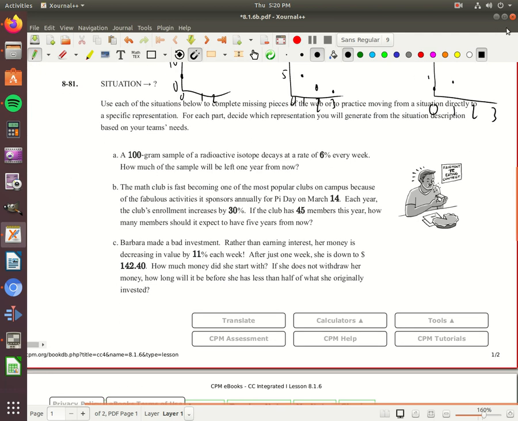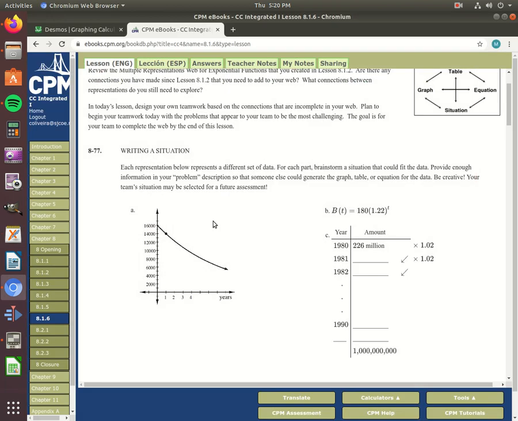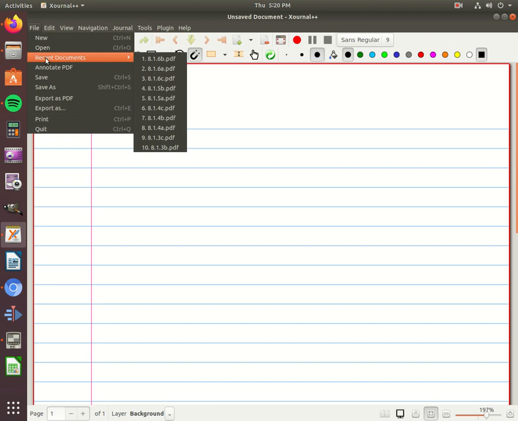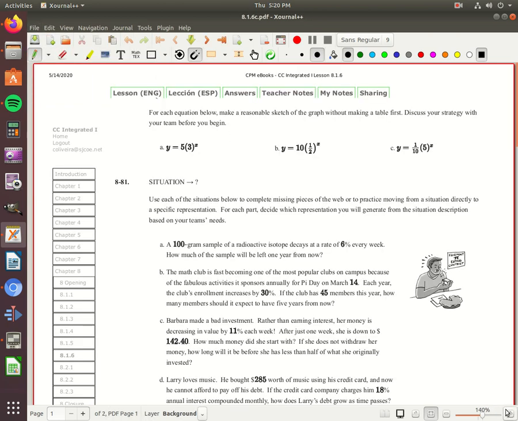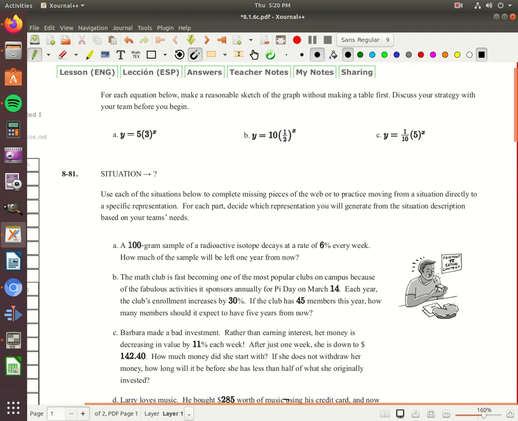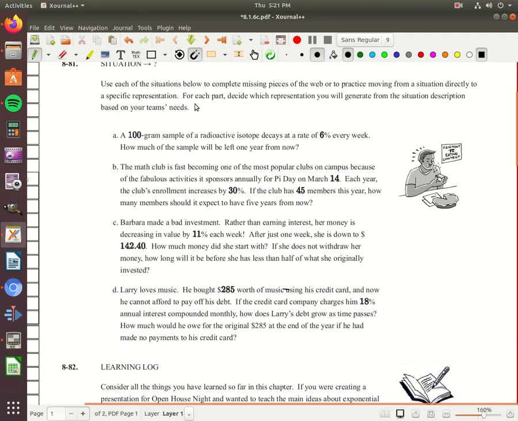And now let's go ahead and dump this, and we'll do 881 on a fresh sheet here. So as we go across here, situation. Use each of the situations below to complete the missing pieces of the web, or to practice moving from one situation directly to a specific representation.